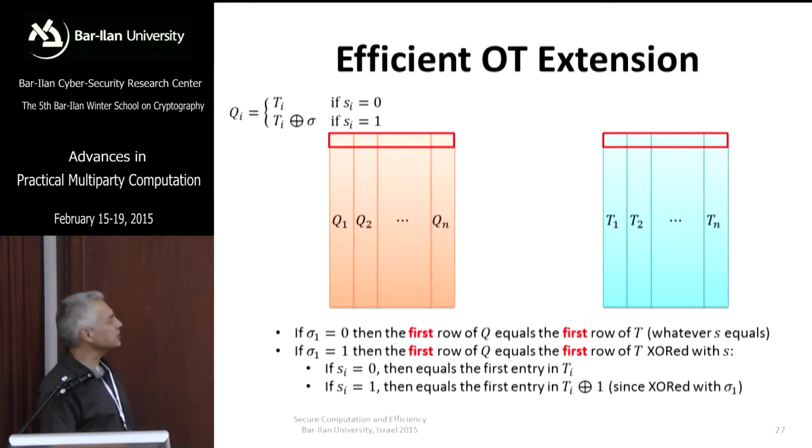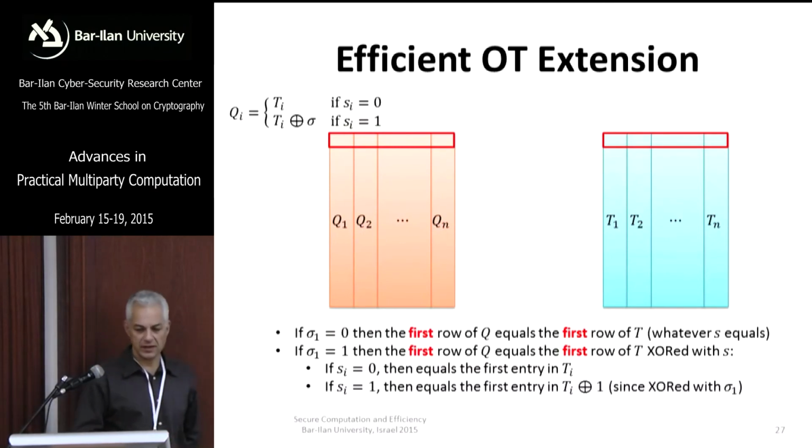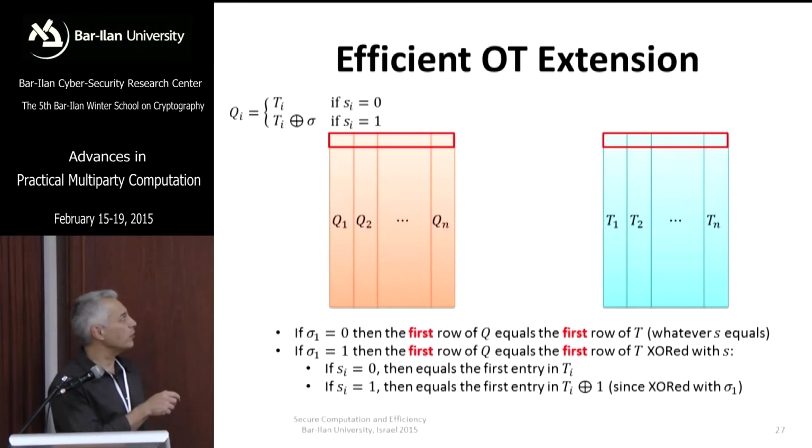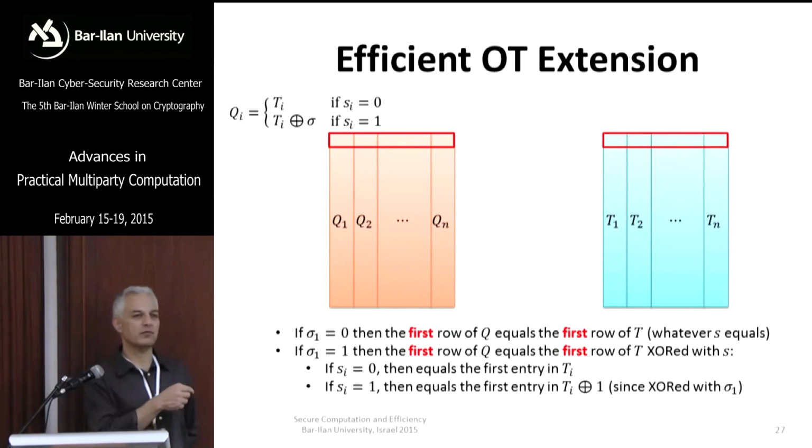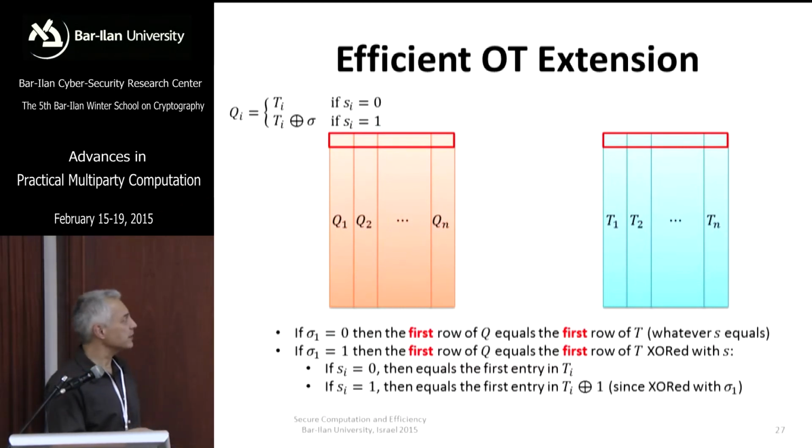And this is the important thing to note: if sigma 1 was 1, if the receiver's choice in the first oblivious transfer was 1, then the first row of the sender is equal to the first row of the receiver XOR S. S is the vector of 128 choices that the sender made in the base oblivious transfers, a string of length 128 bits, which only the sender knows.